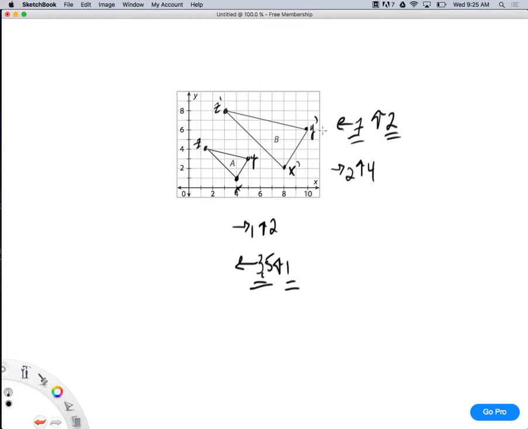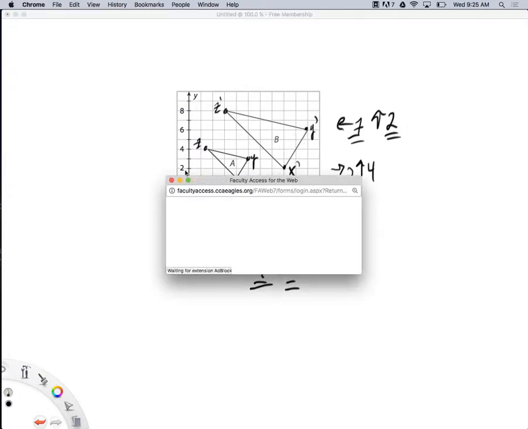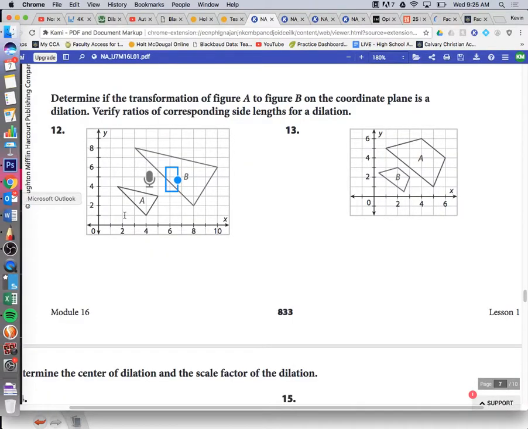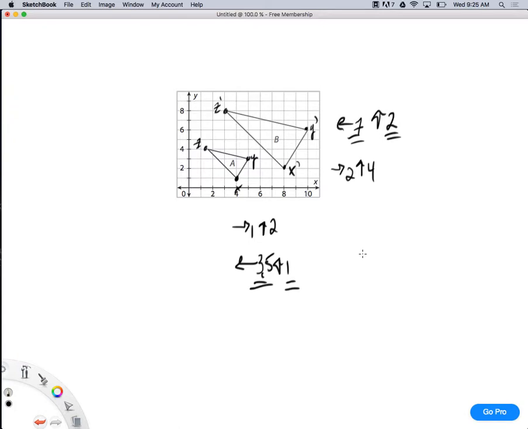So what we're seeing here is that these side lengths are proportional to one another. Now, how could I actually get the lengths of these sides? I could use a measuring tool, but I could also use a theorem, the Pythagorean theorem.